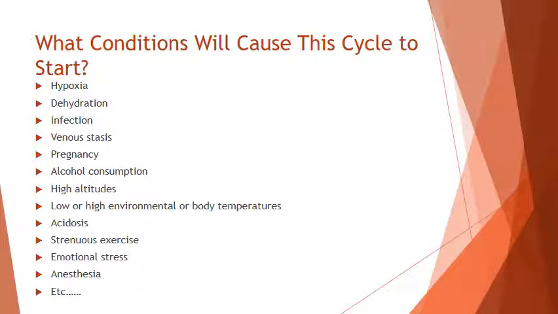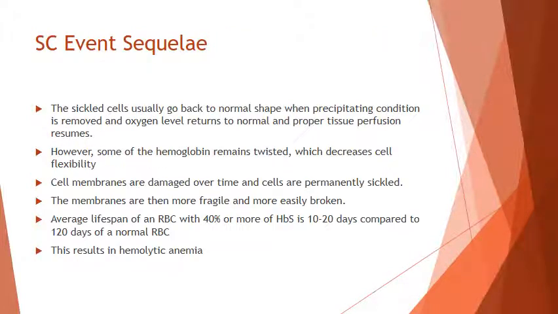High environmental or body temperatures. Acidosis, for whatever reason that started. Strenuous exercise can cause that. Emotional stress, anesthesia. The list goes on, and I'm sure you could each add to this list by thinking about it just a little bit.